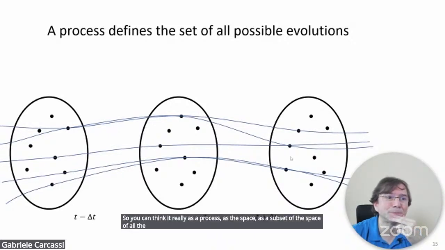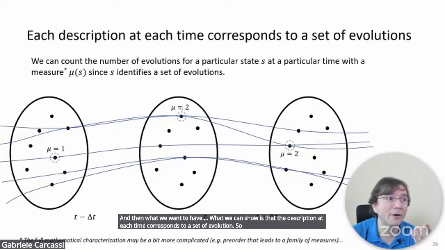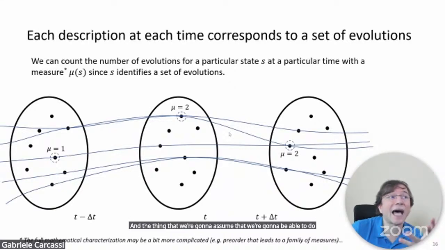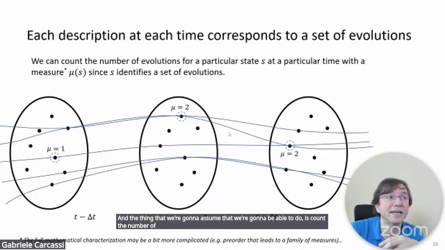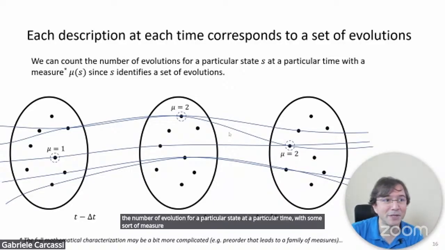And then what we can show is that the description at each time corresponds to a set of evolutions. So if I say I know that at this time I am in this state, then I know that the process from the beginning to end will have to go through one of these evolutions. And we're going to assume that we are able to count the number of evolutions for a particular state at a particular time with some sort of measure, which probably is going to be something more complicated.